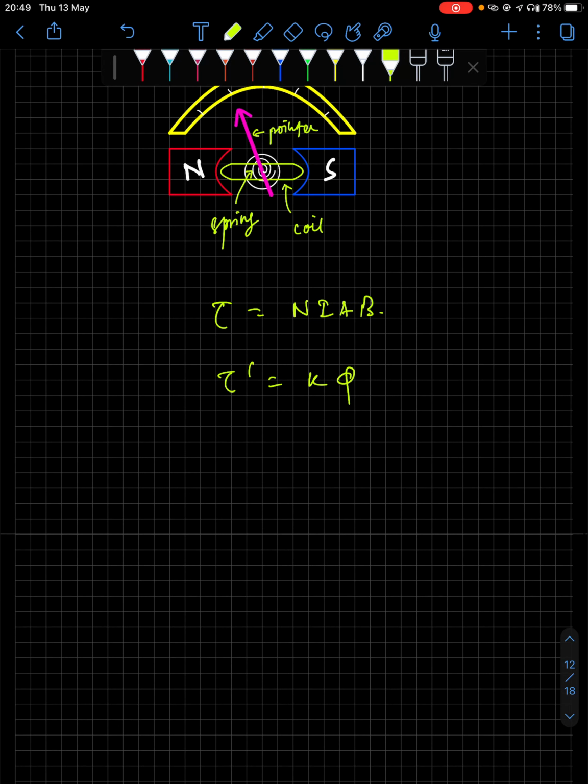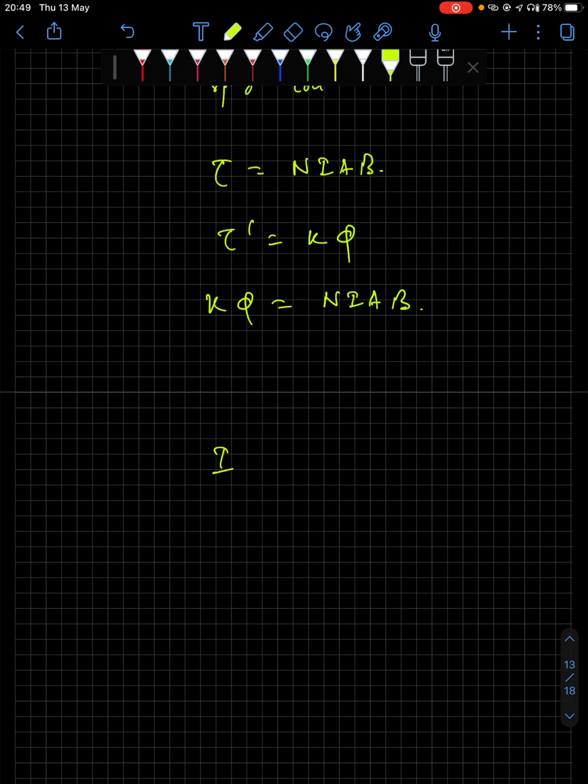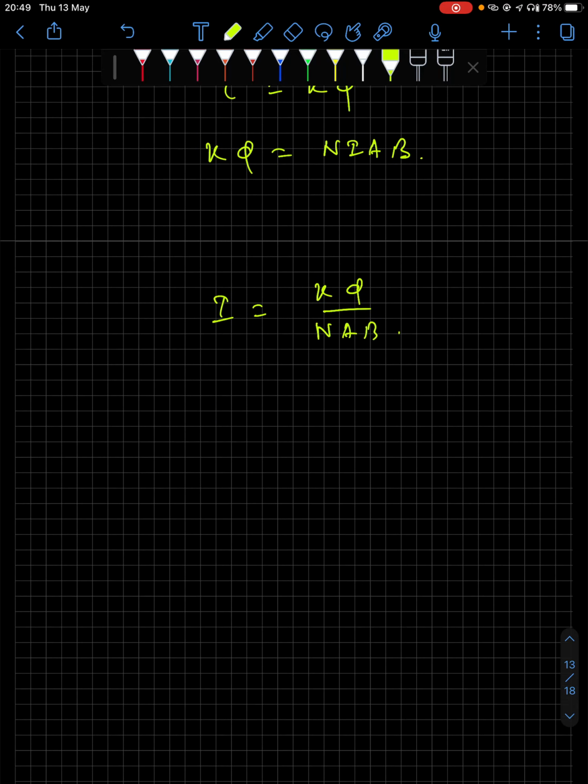So under equilibrium condition, what will happen? This K phi can be written as equal to NIAB, and I becomes equal to K phi by NAB. Now you see here, K is the material constant, that is due to the spring. N is the number of turns, A is the area of the coil, and B is the magnetic field.